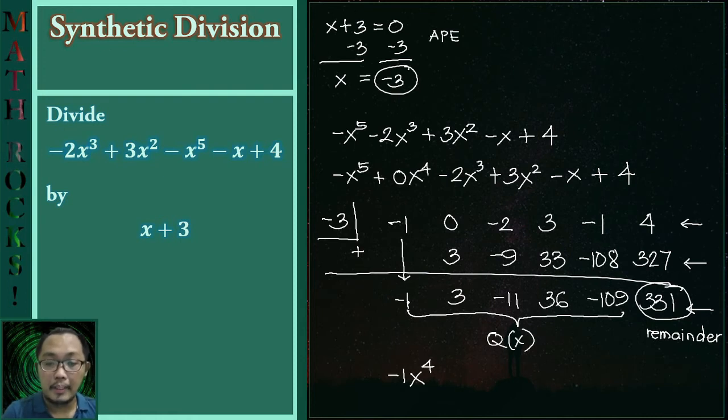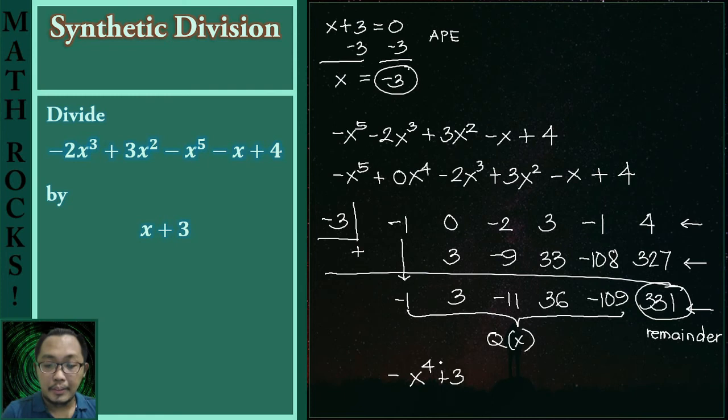So remember, we only reduce the degree of our polynomial by 1 for us to have this exponent of 4. But since we have an expression of negative 1x raised to 4, we should only write such expression as negative x raised to 4. And for our next coefficient, we have a positive 3.